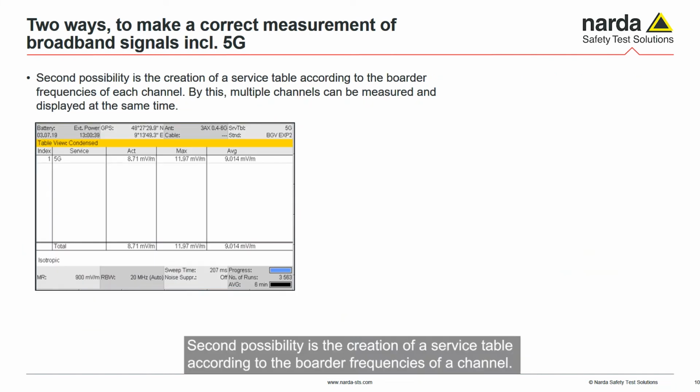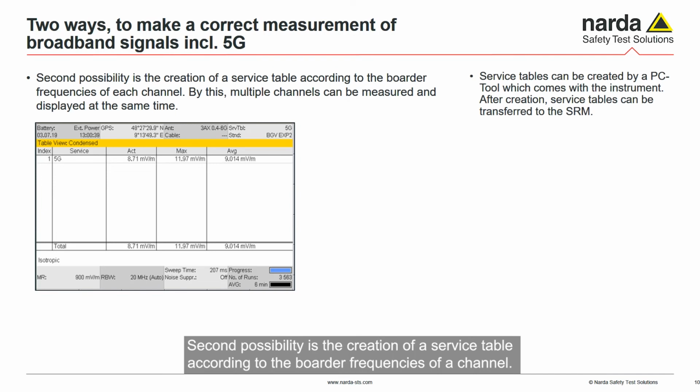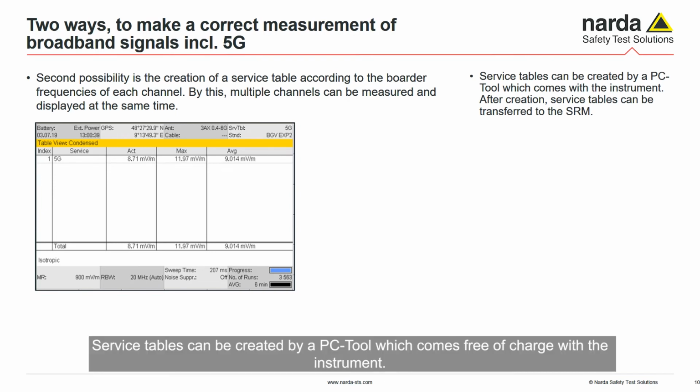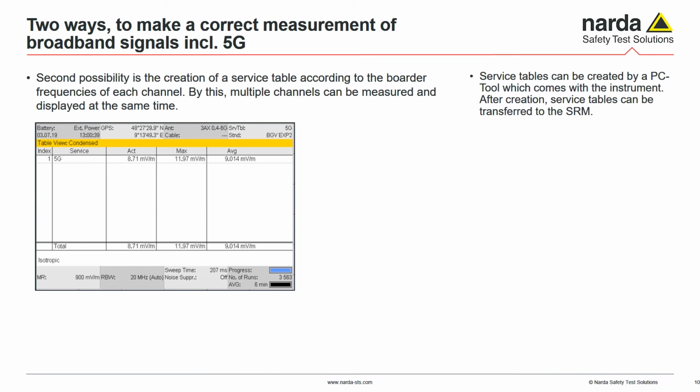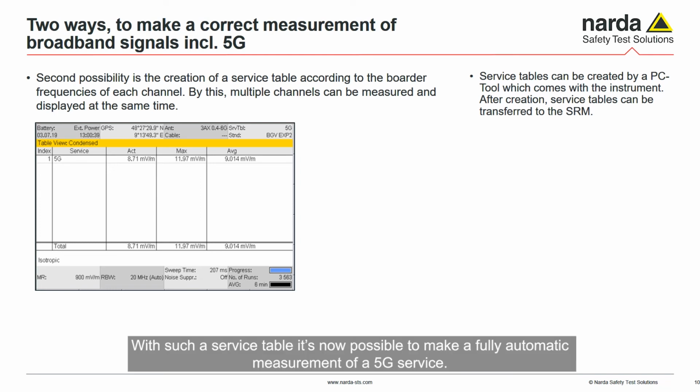Second possibility is the creation of a service table according to the border frequency of a channel. Service tables can be created by a PC tool which comes free of charge with the instrument. After creation, a service table can be transferred to the SRM so that there is no need to carry the PC on site. With such a service table, it's now possible to make a fully automatic measurement of a 5G service.